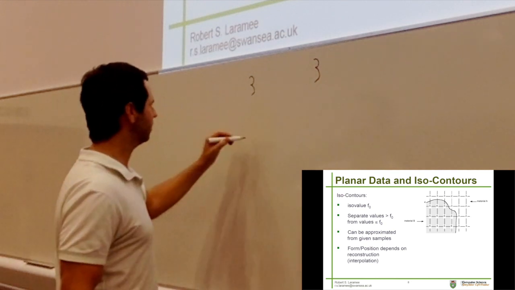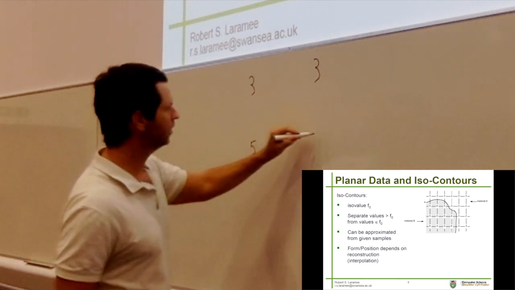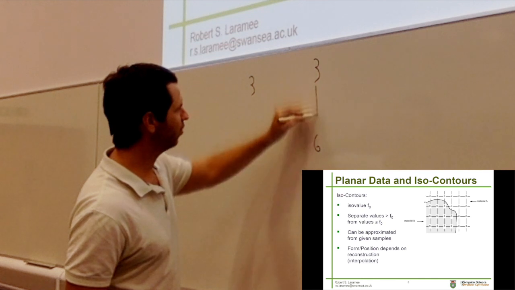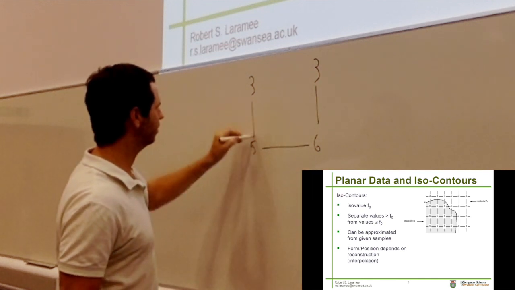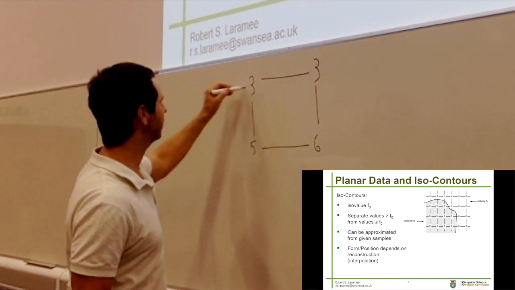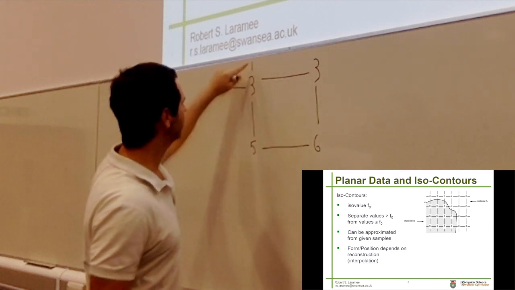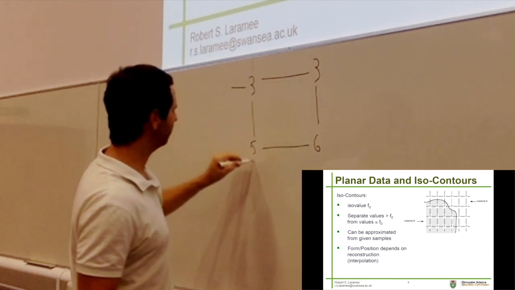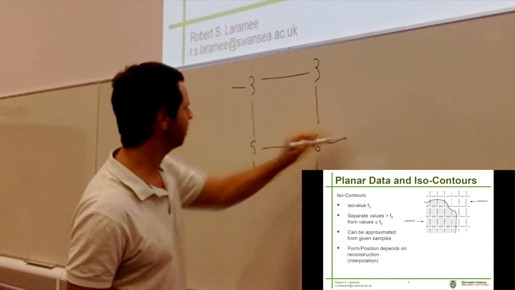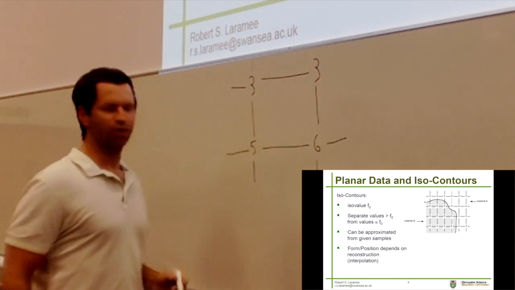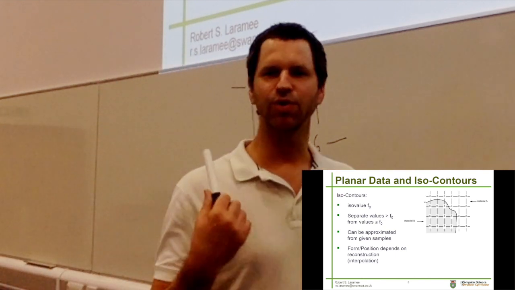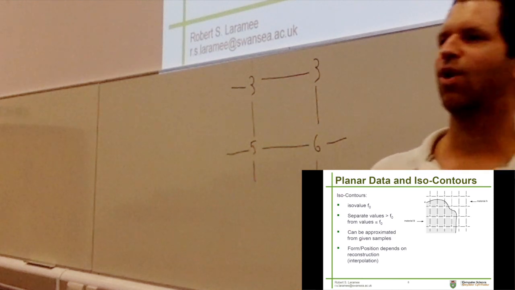It's nicer to draw it with a marker, actually. Well, I'll just leave off that part. So the question is, how can you compute the isocontour?